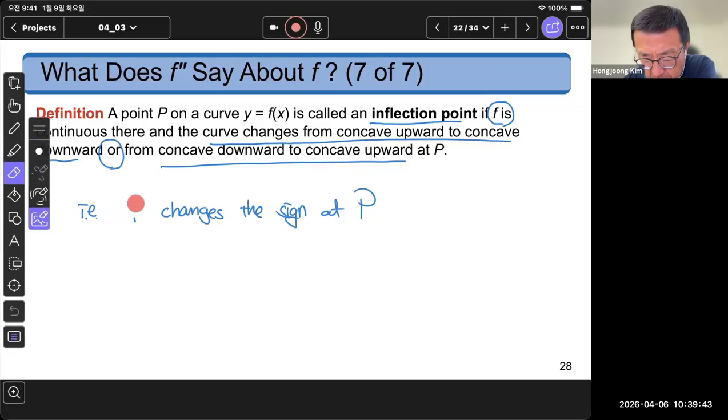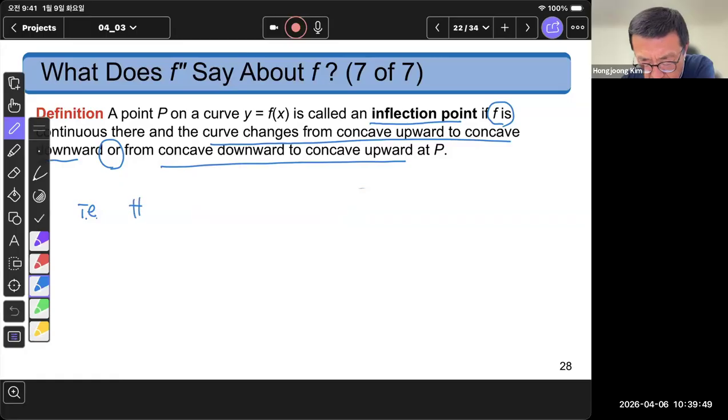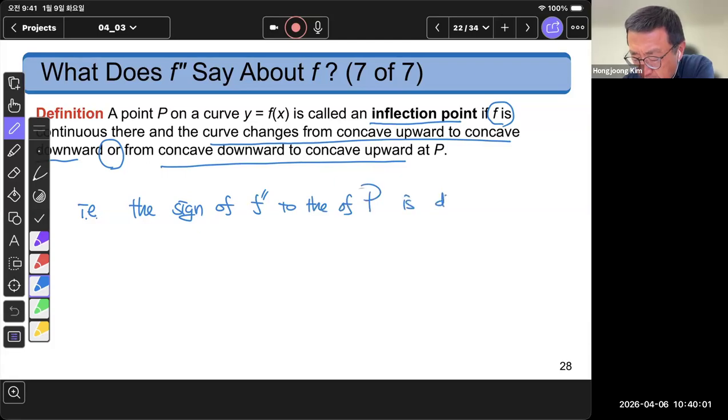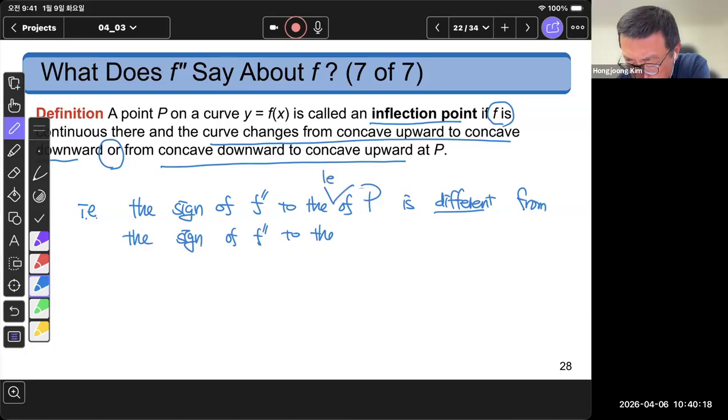A more accurate expression is this: the sign of f double prime to the left of p is different from the sign of f double prime to the right of p.